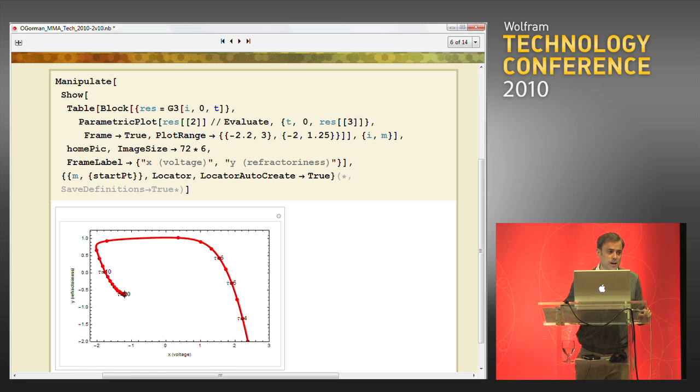Mathematica is in the background with NDSolve, solving this in real time. And this locator simply locates your initial condition in the phase plane of x and y. X is your voltage-like variable. And this point is near rest. And a pulse will displace you. And if the pulse is big enough, it displaces you across the separatrix.